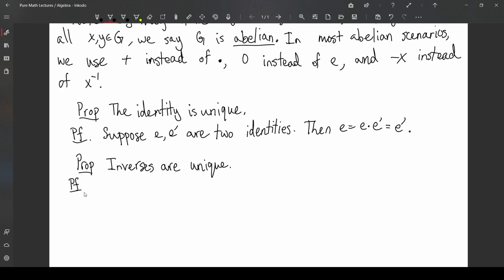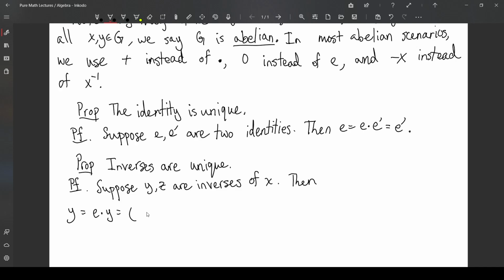So again, what we do is suppose y and z are inverses of x, then y is equal to, right, e times y, and e is equal to z times x, right, because x and z are inverses.